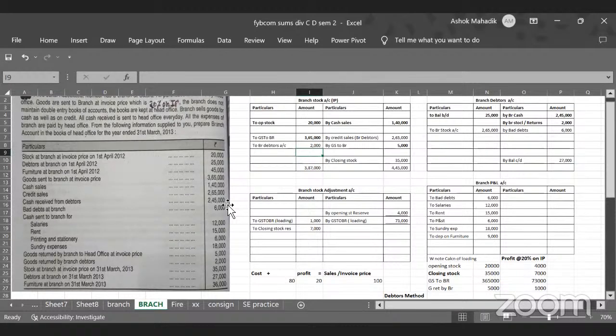So we'll record here surplus. So difference is 445 minus 58,000.